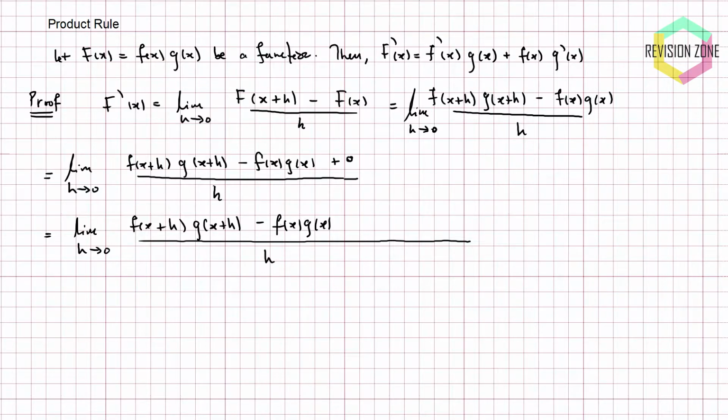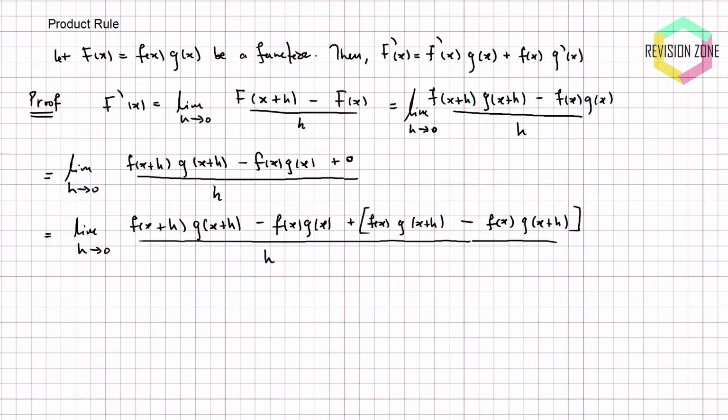So suppose I actually add f of x and g of x plus h. And then I better take away the exact same thing because I want this thing in the brackets to be 0, so I've got to take away the exact same thing. f of x, g of x plus h.